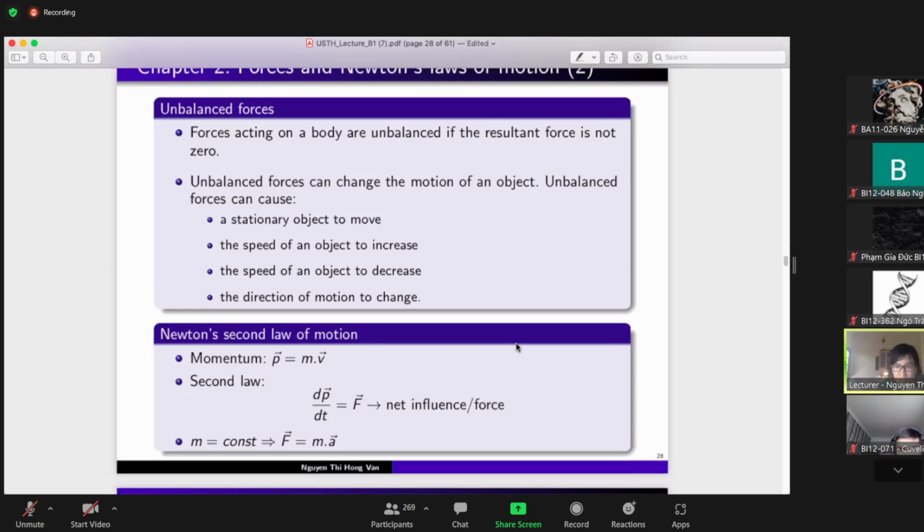For example, imagine there is a body here, and then another body, big M, hits this object. So it's like a force. If this guy is heavy, for example, I'm here and a very big guy hits me, it feels very bad, right?